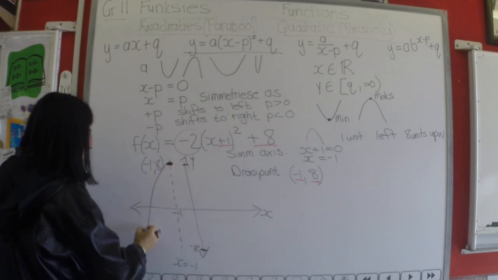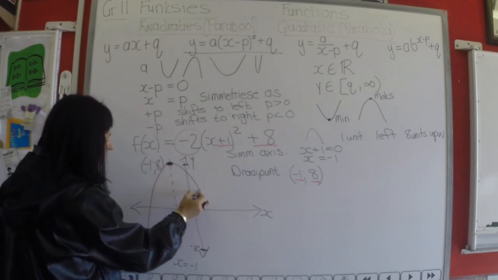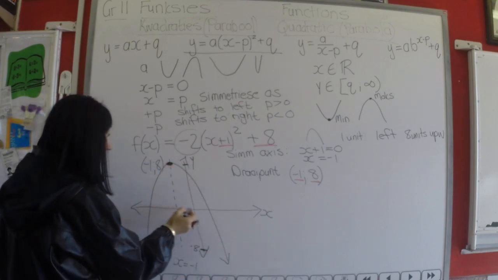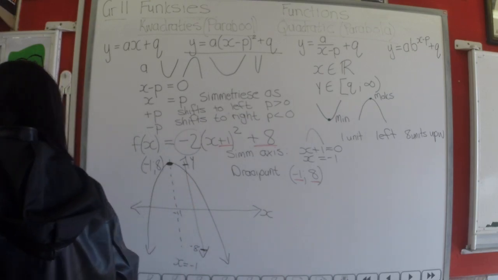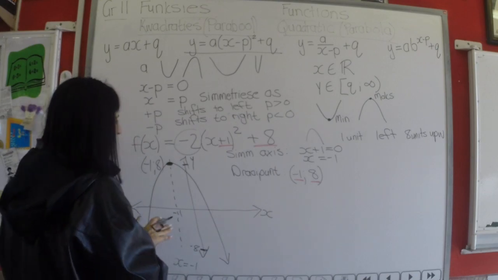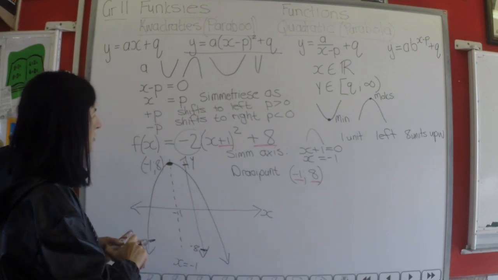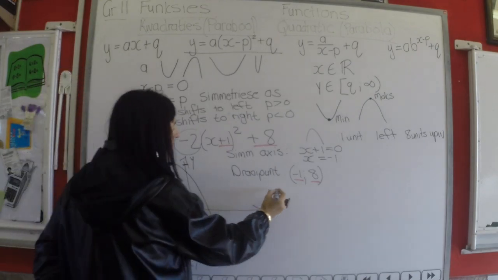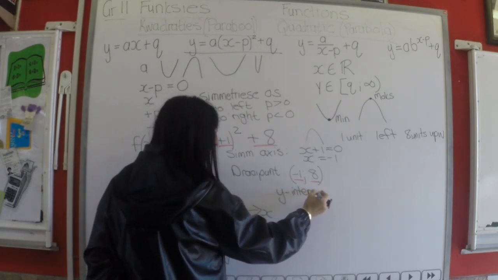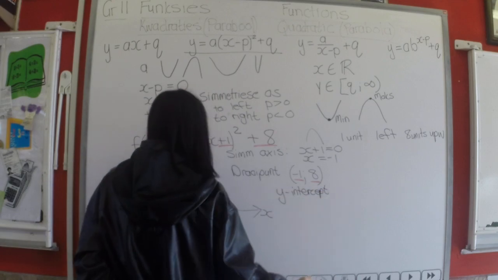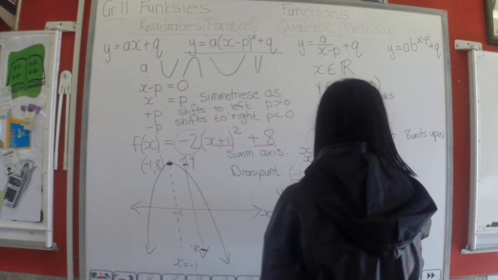So if the parabola is a sad face, it means it's going to have 2 x-intercepts and 1 y-intercept. So kom ons werk gou uit ons y-afsnit. Wanneer ons y-afsnit uitwerk, our y-intercept, we're going to make x 0.